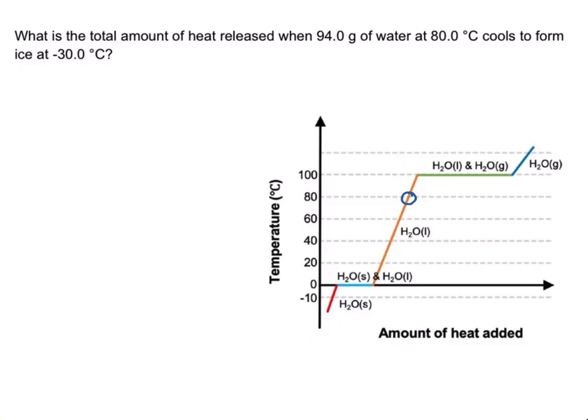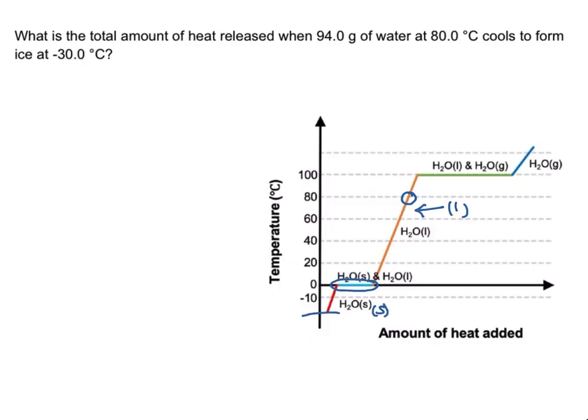So we have liquid water in this region. And we're going to start cooling it down to ice, which is this region. And then we're going to cool it even further till it gets to negative 30 degrees Celsius. So if we extend it, it's this area, and that means we have a solid.